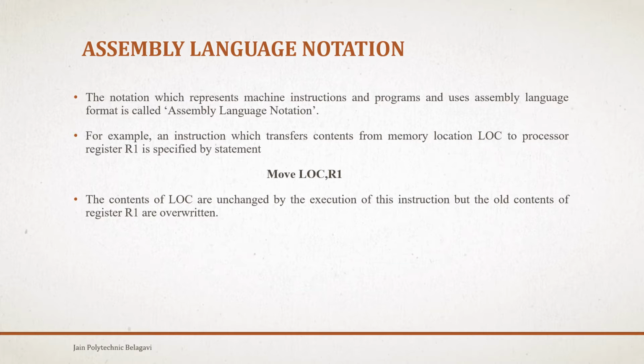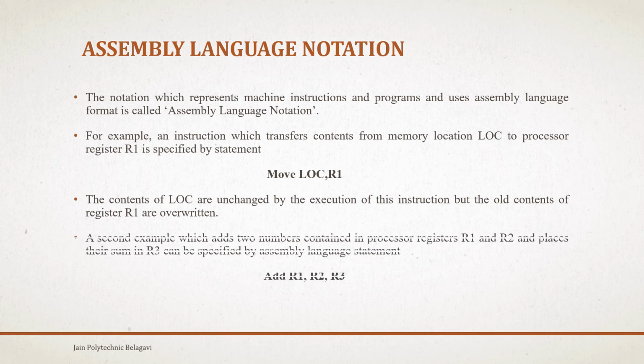That is, only a copy of that contents will be transferred into R1. Old contents of LOC remain unchanged. Whereas when we transfer the contents to the register R1, the previous contents of R1 will be overwritten and whatever the contents of LOC are present will be transferred to R1.